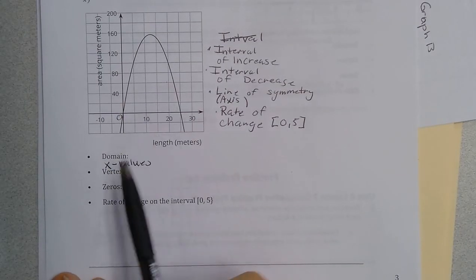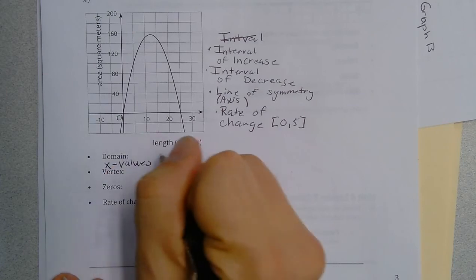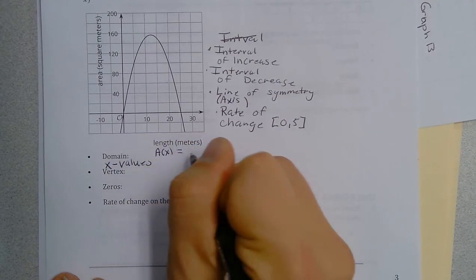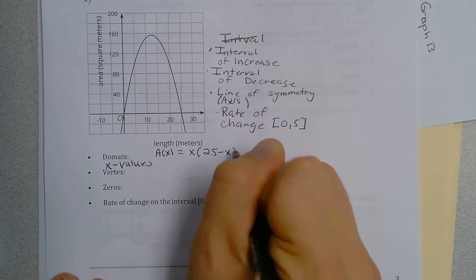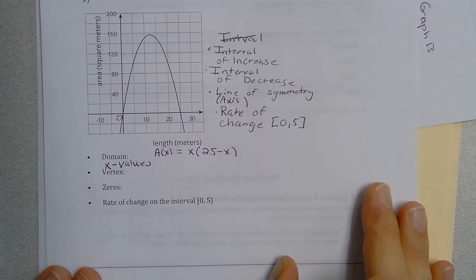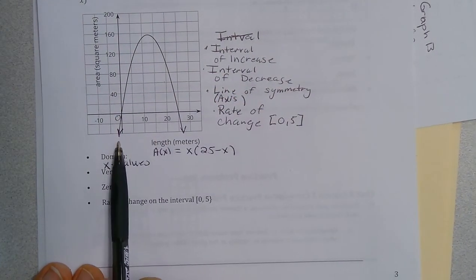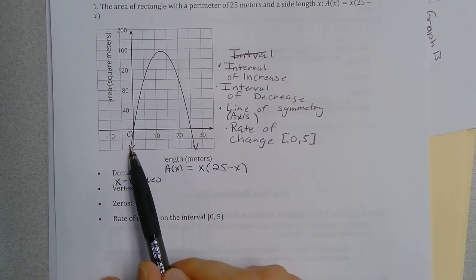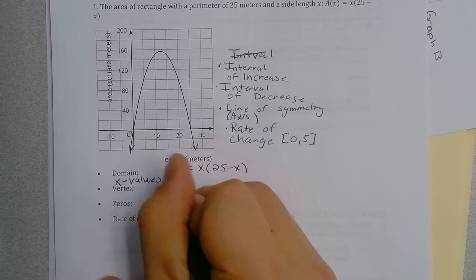So for our last section, we're just going to look at a graph of a quadratic function. This particular function is a of x equals x times 25 minus x. And what we're going to do is look at some overall domains and ranges and how to express those. So on this graph, the domain in the negative direction could go all the way to negative infinity.